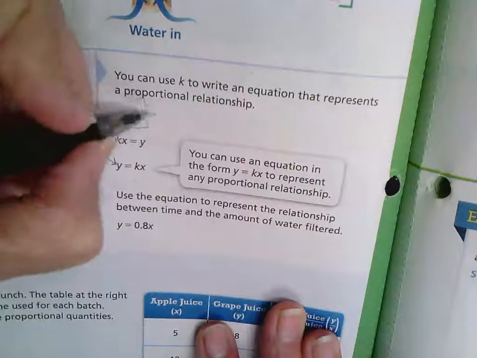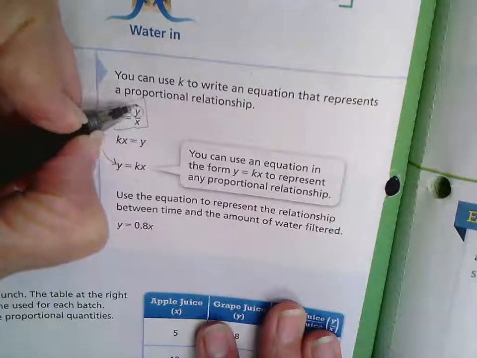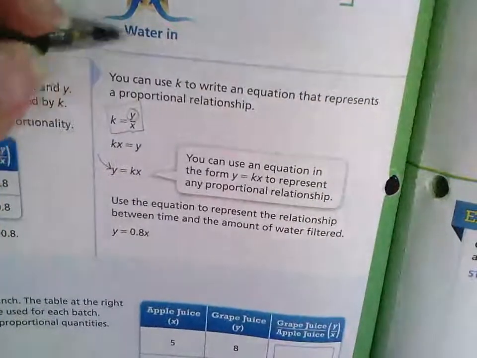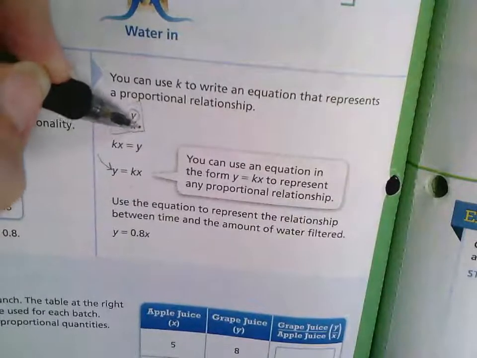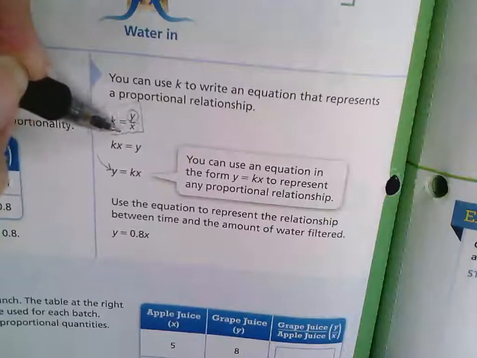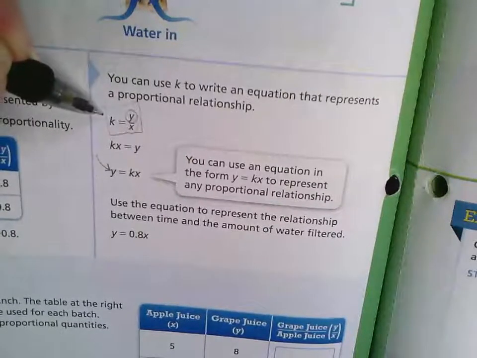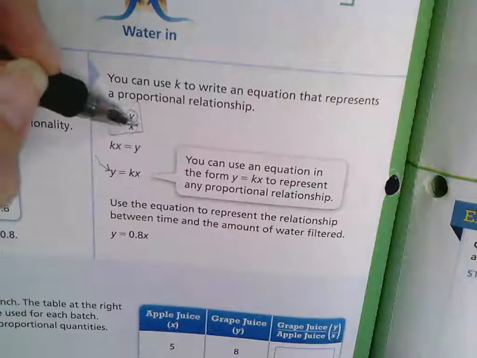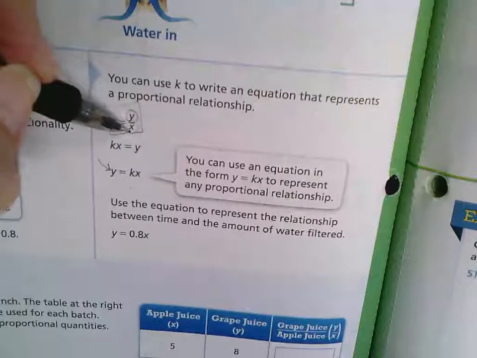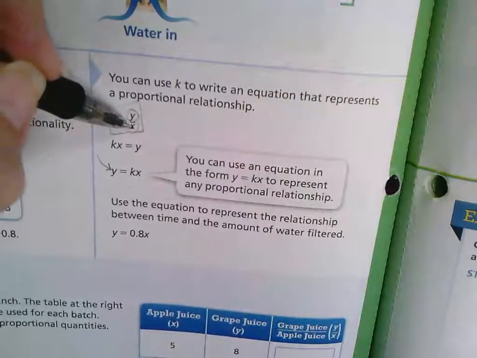Now, if you remember, when I want a variable all by itself on one side, I can get rid of the other constant or variable that's with it by doing the opposite of what is being done here. So what is being done here is y is being divided by x.